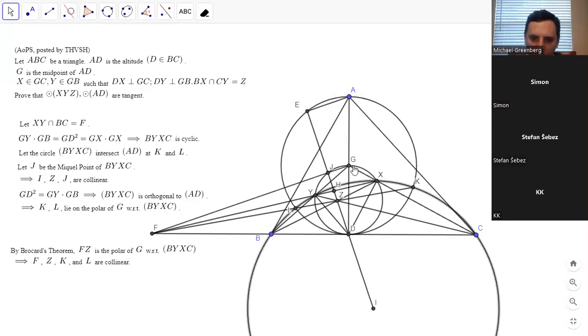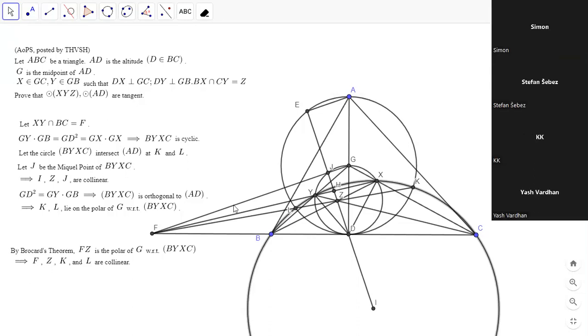That is just Brocard's theorem. Okay. Yes. So since Z is on the polar of F, hey Yash, thanks for joining.